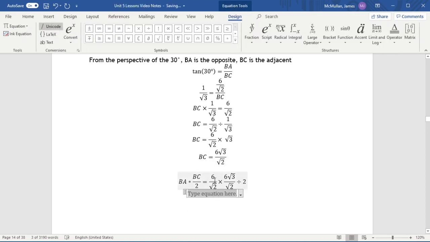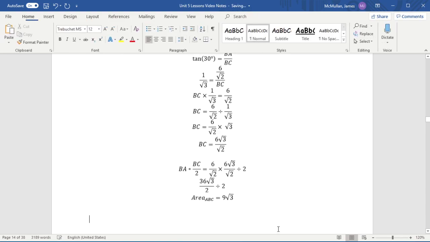On the top, you get 6 times 6 times root 3, which is 36 root 3. On the bottom, you get 2, but then of course you're dividing by 2 again. So you get 36 divided by 2 would be 18 root 3, but then you divide again and you get 9 root 3. And so this is the area of triangle ABC. Okay, is 9 root 3.